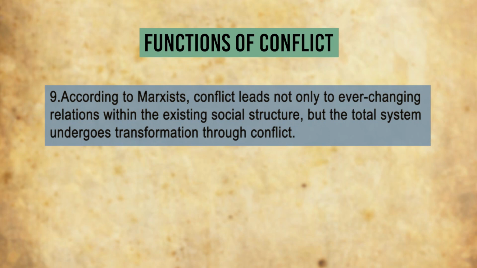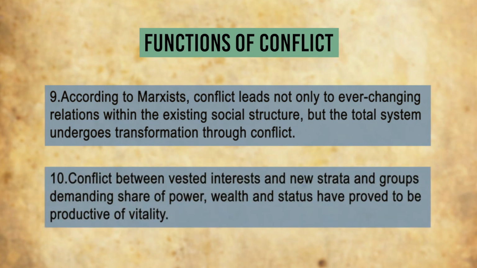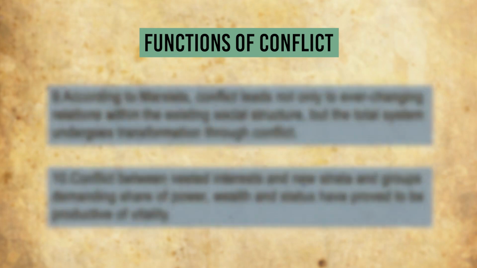According to the Marxists, conflict leads not only to ever-changing relations within the existing social structure, but the total system undergoes transformation through conflict. Conflicts between vested interests and new strata and groups demanding share of power, wealth, and status have proved to be productive of vitality.